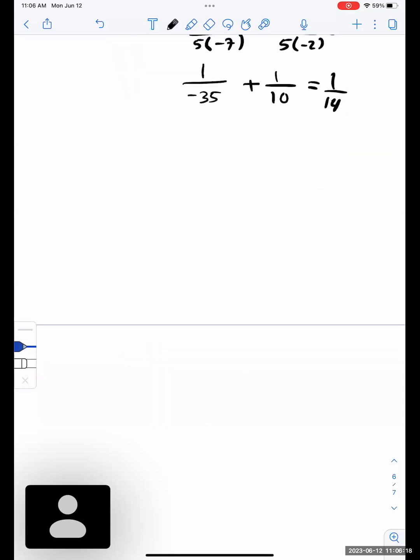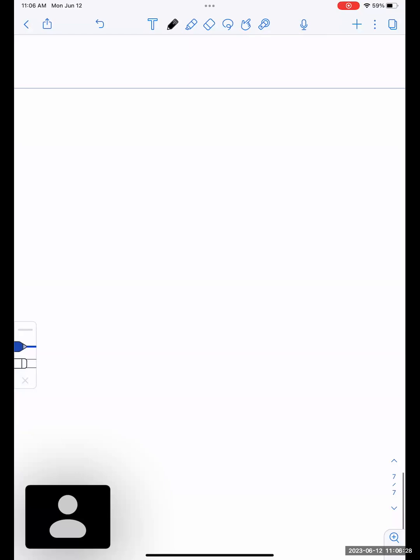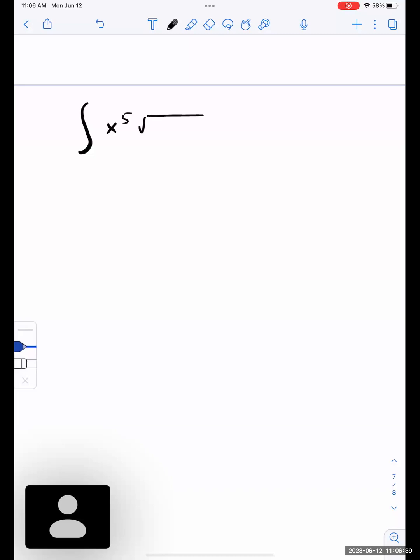Okay, so for home tonight, I will write down 2 examples. I want you to do them. I want you to do the integral of x to power 5 square root of 1 plus x squared dx. You can always refer to the notes and compare your answers.